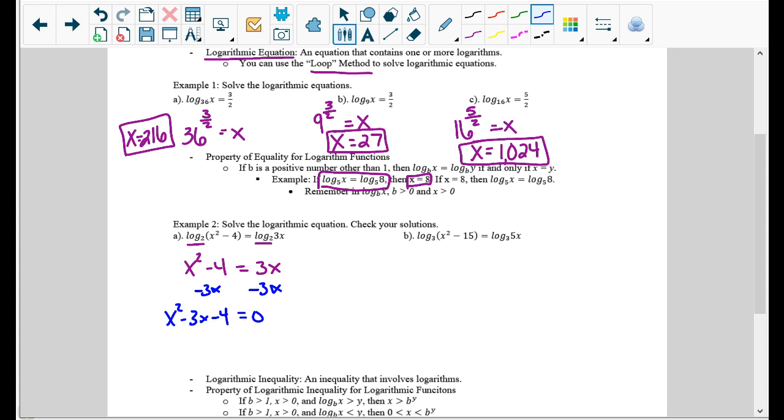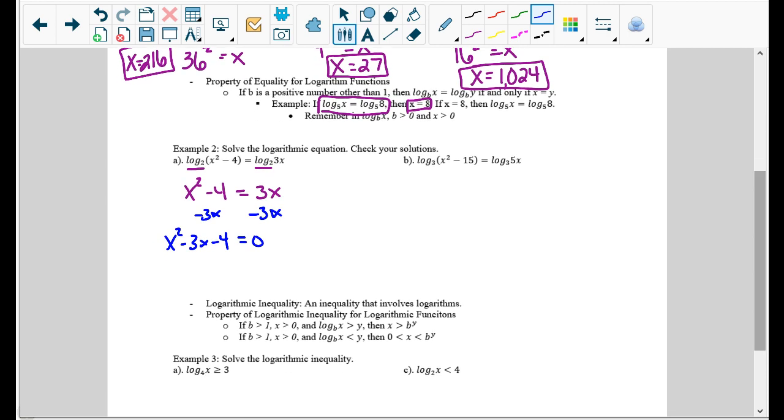Remember, now we're solving a quadratic. A couple things you can do. You can factor, which is what we're going to do in this case. The x's are in the front. Factors of 4: 1 and 4, 2 and 2. So it has to be 1 and 4. To give me a negative 4, one has to be positive and one negative, and the 4 has to be negative to give me a negative 3 with a positive 1.